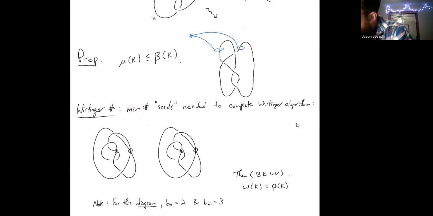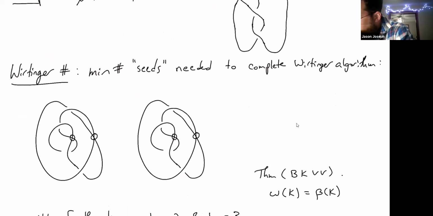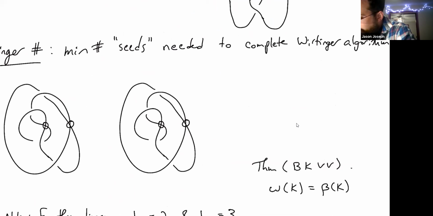Let's do an example. Here's a virtual knot, and let's choose this very long arc, and I claim that that's the only one that we needed to color the rest of the diagram.